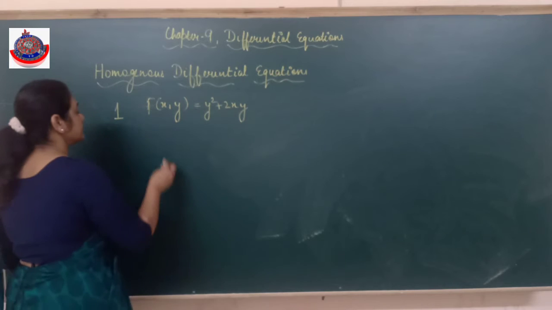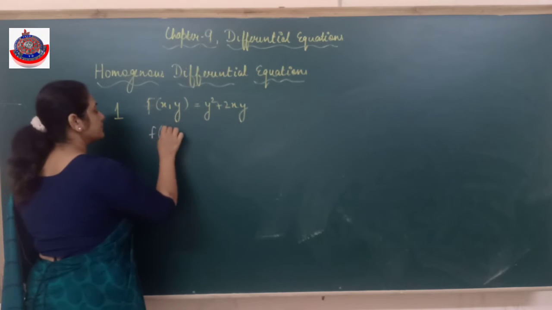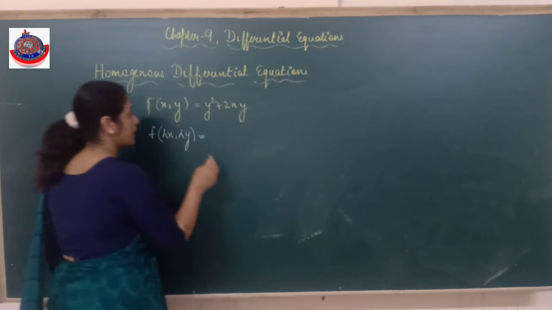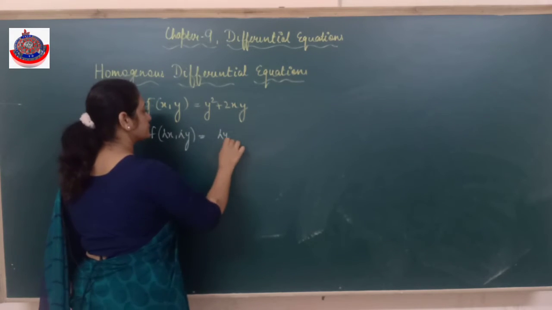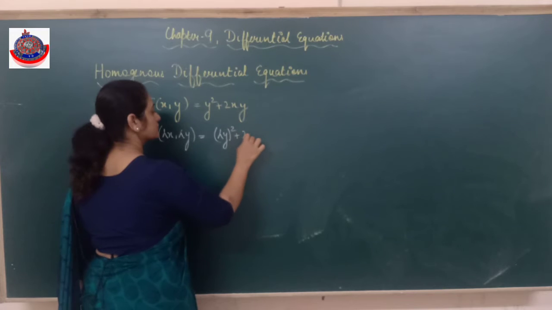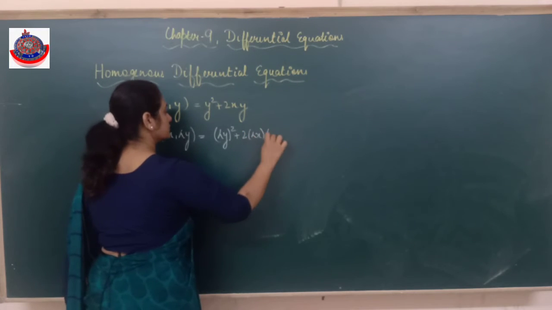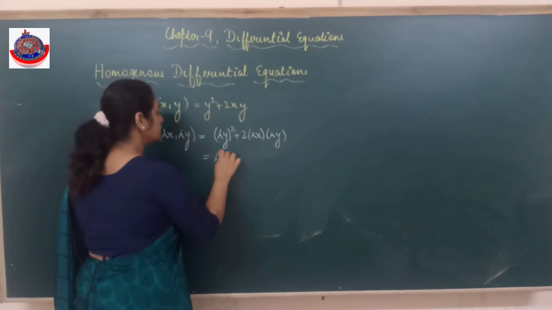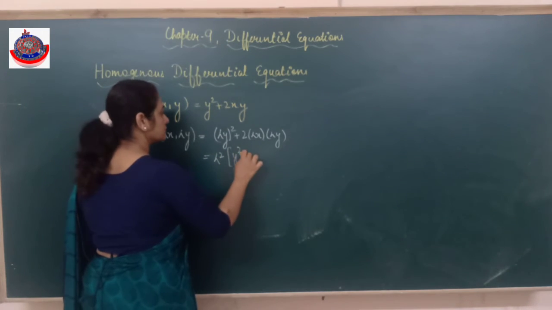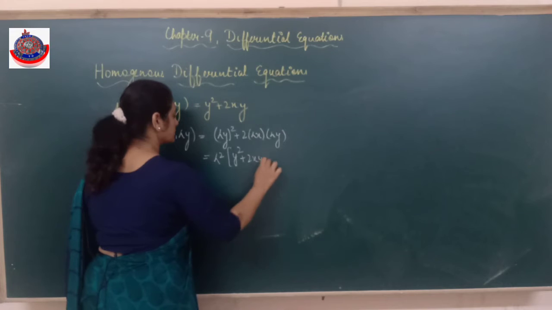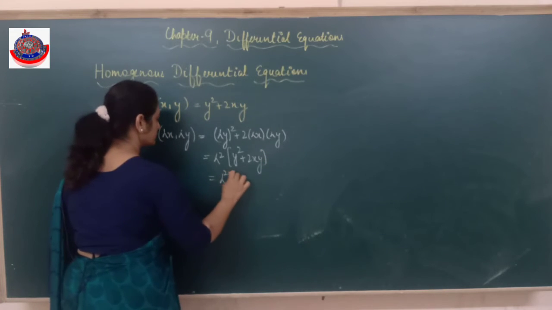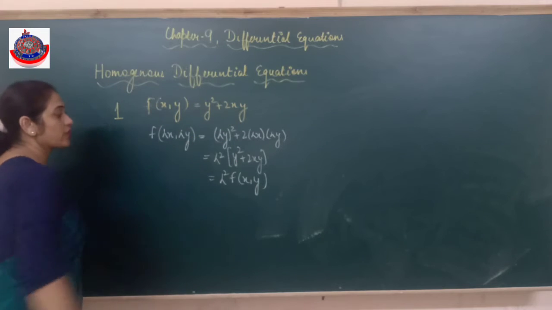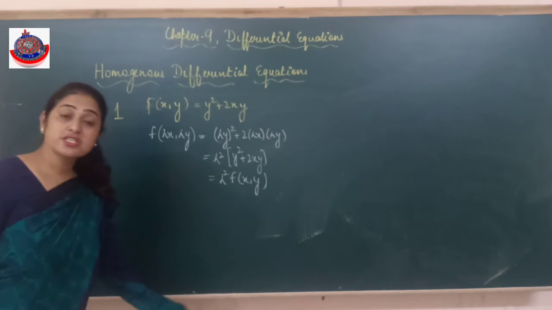I'll replace x by lambda x, y by lambda y, take lambda square common, and we have come back to the same function, y square plus 2xy, so it is a homogeneous equation.